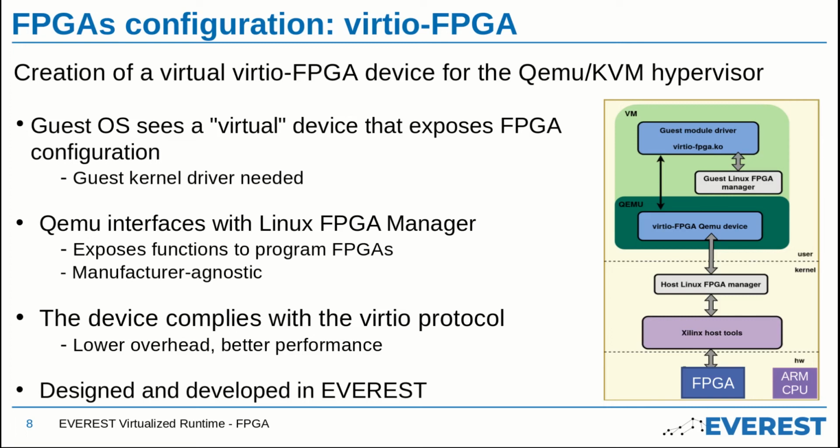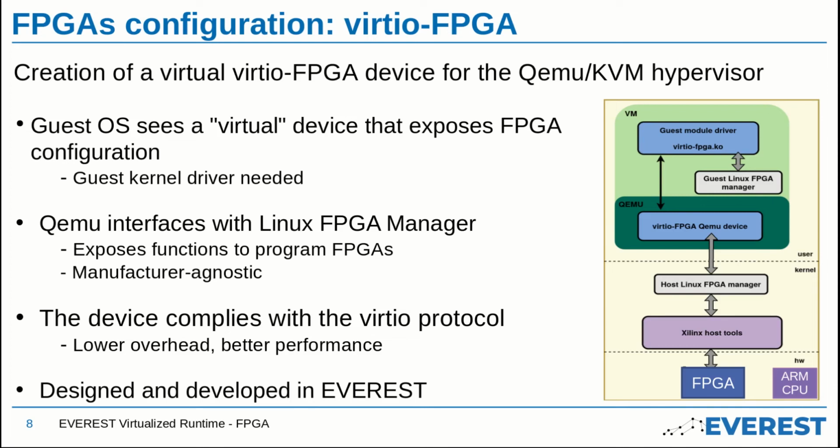QEMU really is responsible to fulfill those requests by interfacing with the actual FPGA hardware. It is able to do this by utilizing the Linux FPGA Manager API of the host. The FPGA Manager core exports a set of functions for programming an FPGA with a bit stream, and is also manufacturer agnostic.